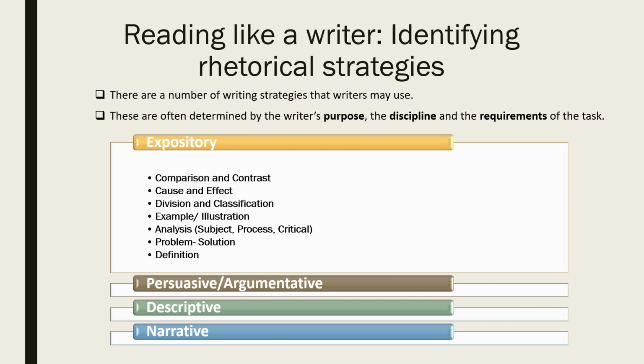Often, these strategies are used in a complementary way. This means writers may use one or more strategies within a single paragraph or essay or article to explain a point. Similarly, as you engage in academic writing, you need to make choices about what strategies you will use for your writing.